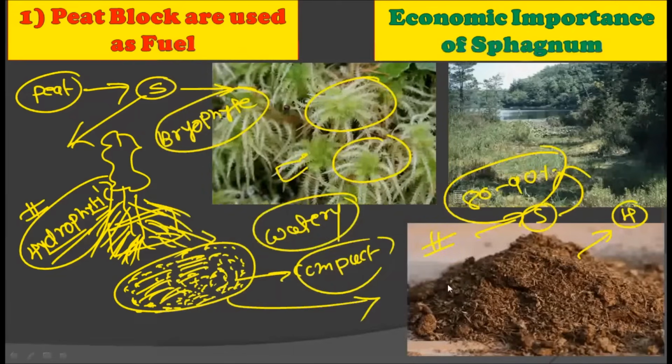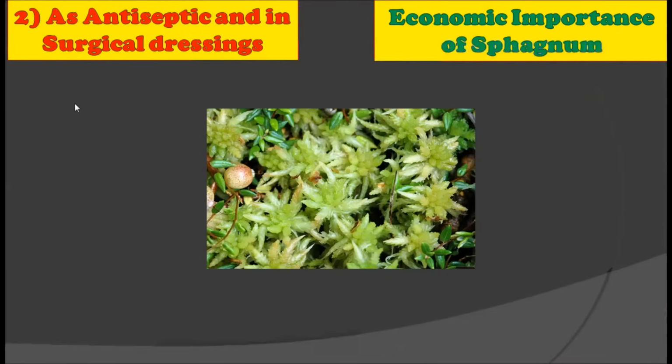So this peat which is formed by the sphagnum is regularly used by local people as a fuel. All right. Now the second importance of sphagnum is that it is used as an antiseptic and in surgical dressing. As you know, many sphagnum species have antiseptic properties.